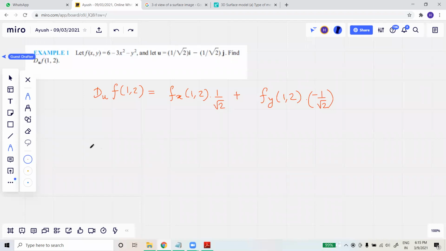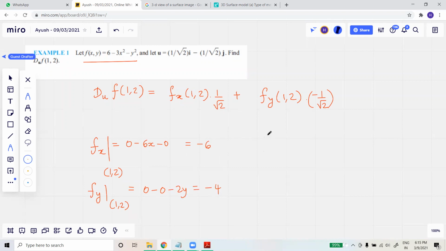Okay, so can you find fx of 1 2? That's going to be 0 minus 6x minus 0, and at 1 2 it will be minus 6. And fy at 1 2 will be 0 minus 0 minus 2y, so 2 times 2 is 4, minus 4 actually.